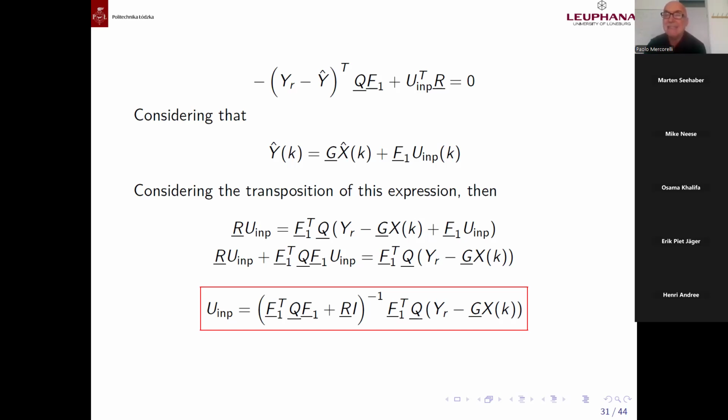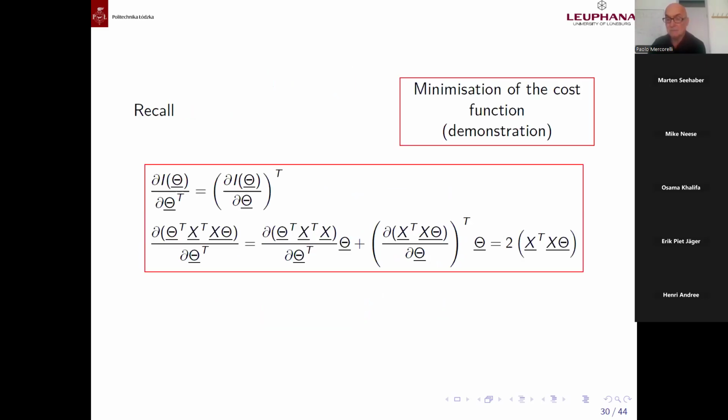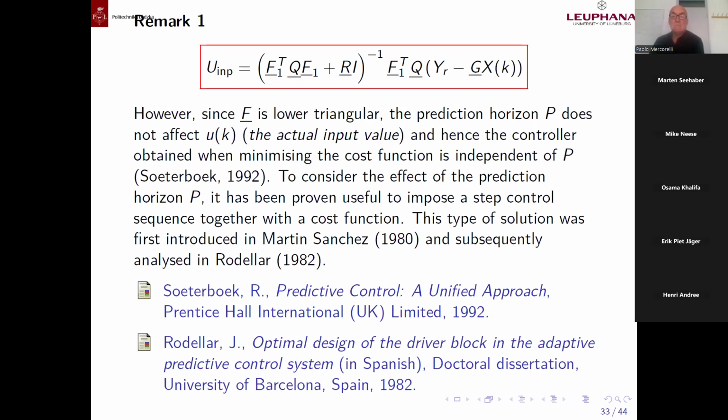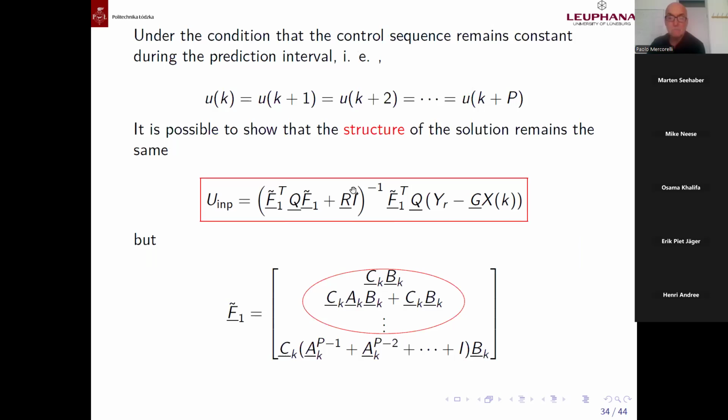It's just a plugin and then applying a couple of properties to obtain the results, because this expression is, if you remember, exactly the gradients put to zero, using this property. Here is again the solution. You can find here a couple of literature references if you want to go in depth on this topic.